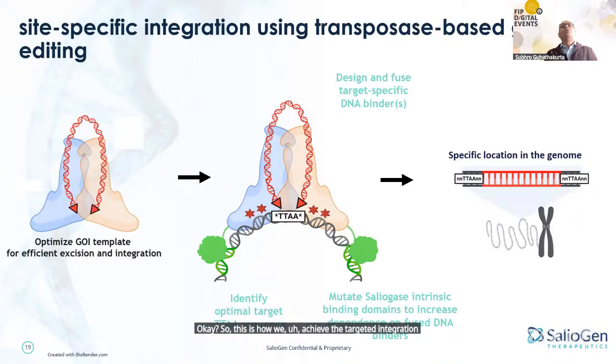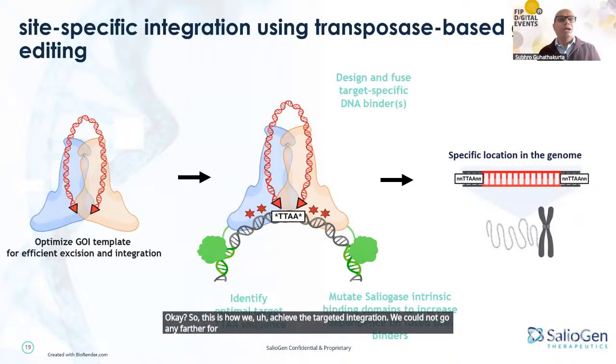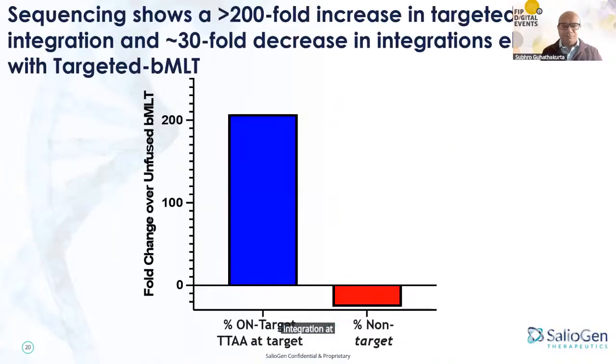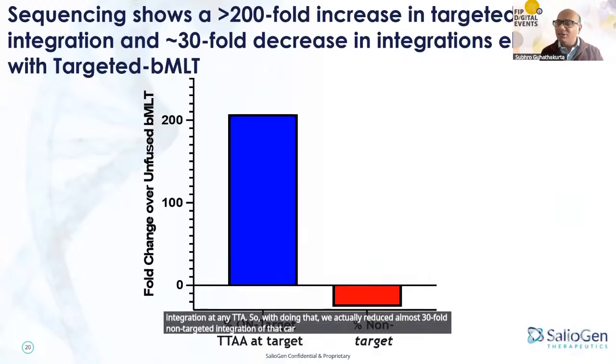We could not go any further with that because of the funding crisis in the company, but we achieved quite a lot using the transposase, both at the targeted TTA as well as integration at any TTA. By doing that, we reduced non-targeted integration of the cargo at any other place in the genome by almost 30-fold, but we increased targeted integration at the particular TTA site almost 200-fold.